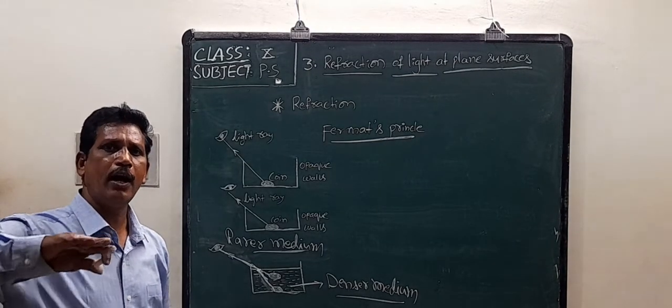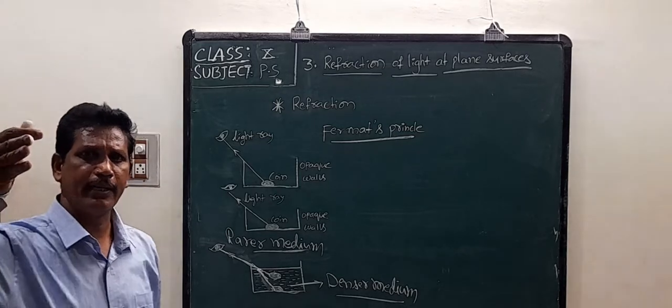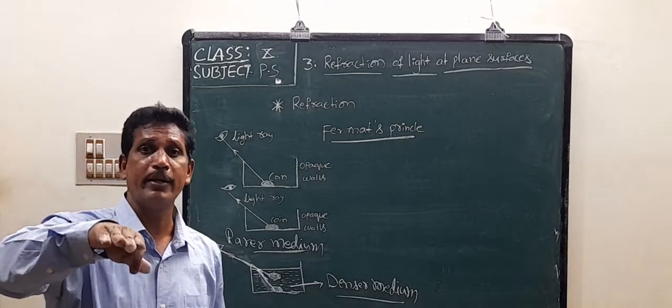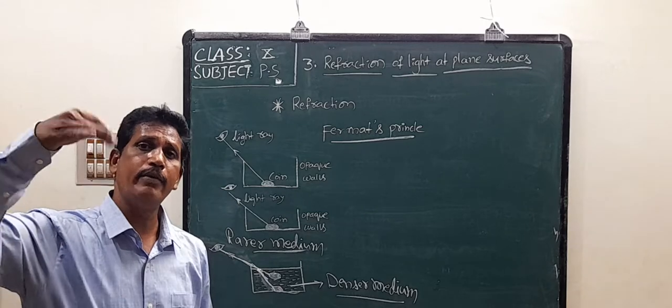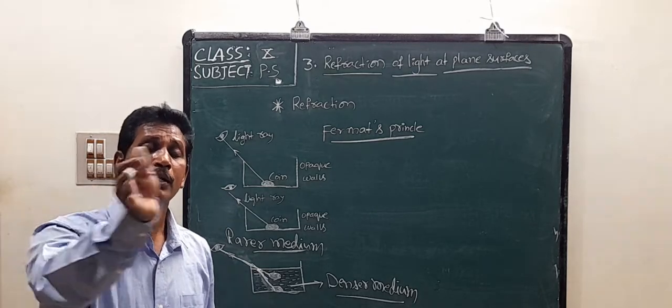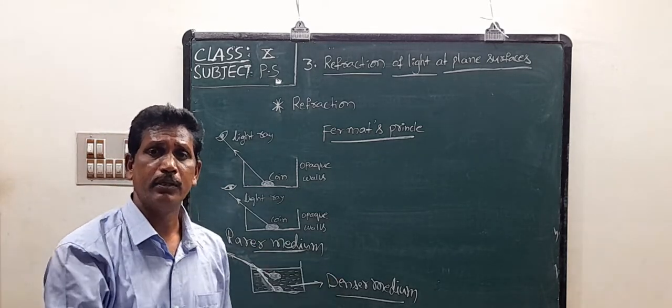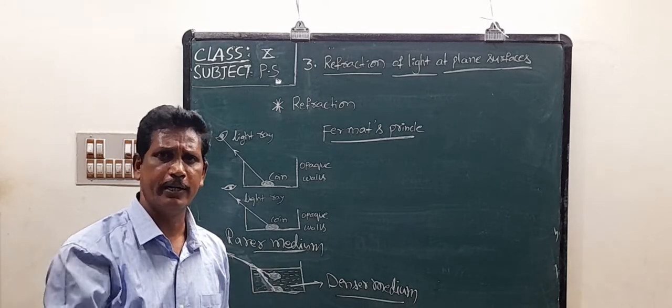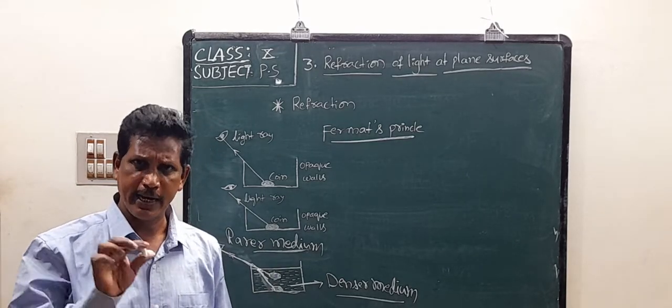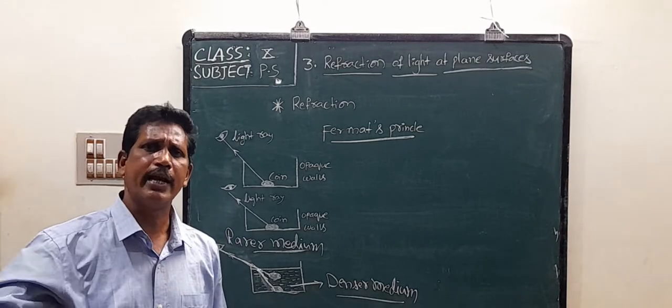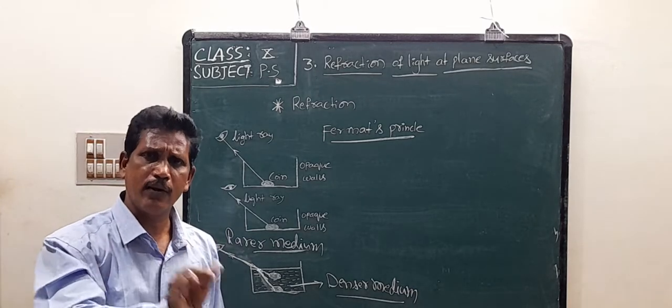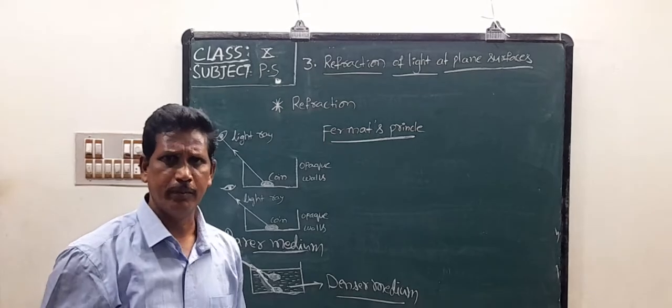The speed of light is always greater in rarer medium than in denser medium, such as water or glass.